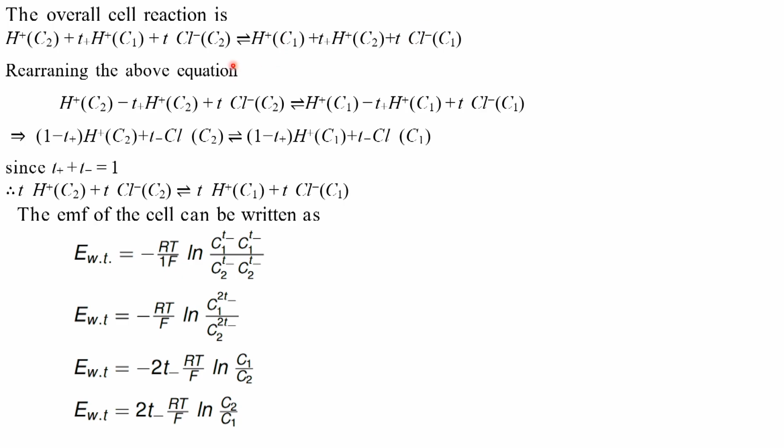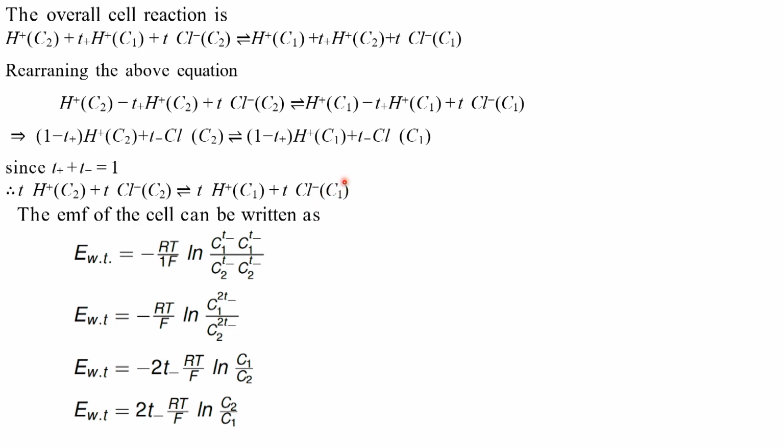So if we rearrange the above equation, we end up with: 1 minus T plus times H plus of concentration C2 plus T minus Cl minus of concentration C2 is in equilibrium with 1 minus T plus times H plus of concentration C1 plus T minus Cl minus of concentration C1. Since T plus and T minus sum to 1, we can write T minus H plus of concentration C2 plus T minus Cl minus concentration C2 gives T minus H plus concentration C1 plus T minus Cl minus of concentration C1.